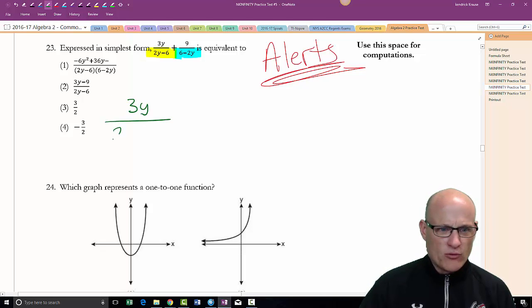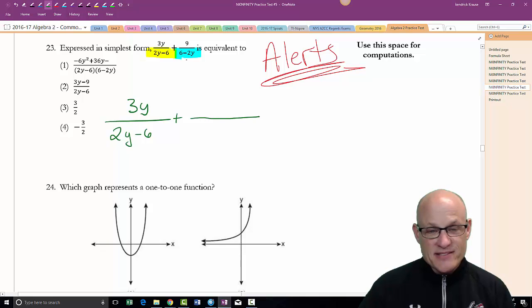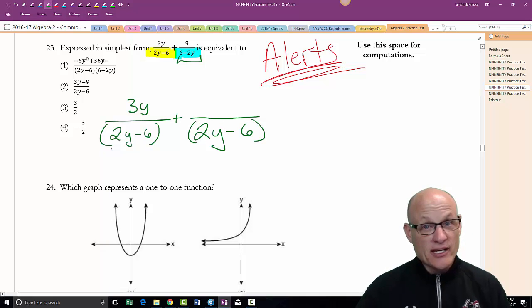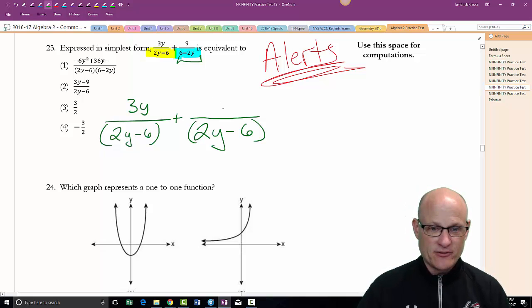It's 3y over 2, and I'm going to write it as y minus 6 plus. This thing is backwards. I don't like it backwards, so I am going to turn it around. Now, that's not that legal, except it is if you introduce a negative.